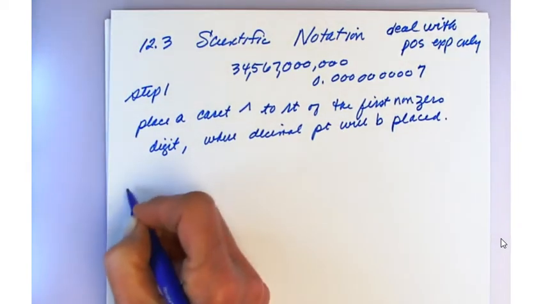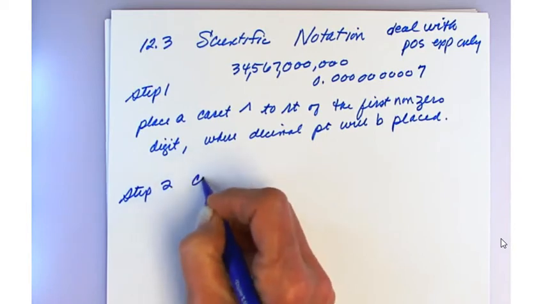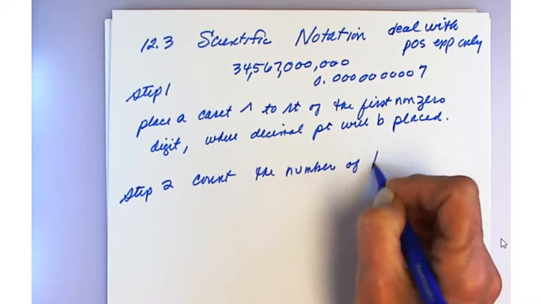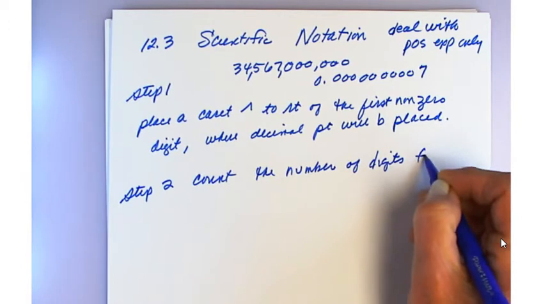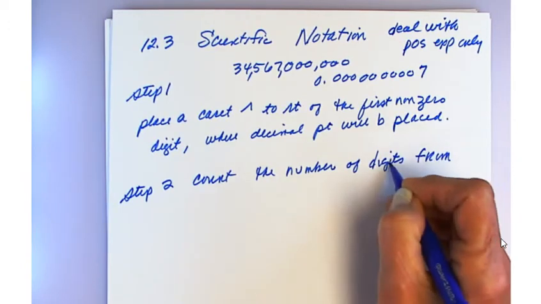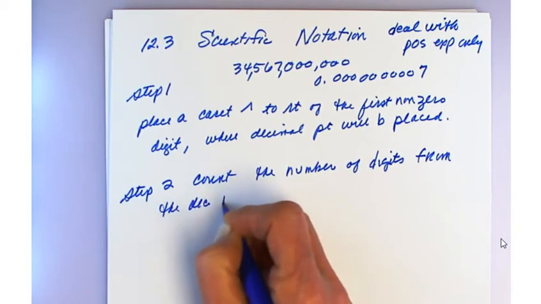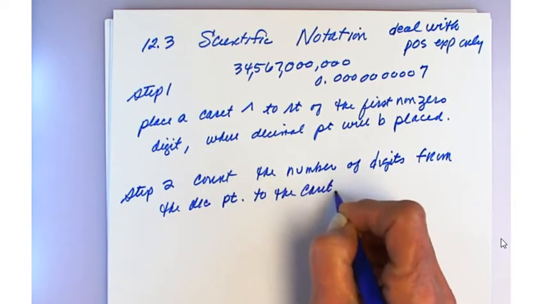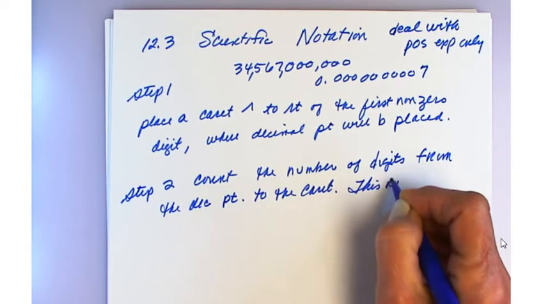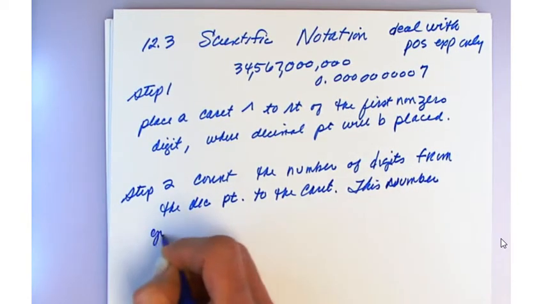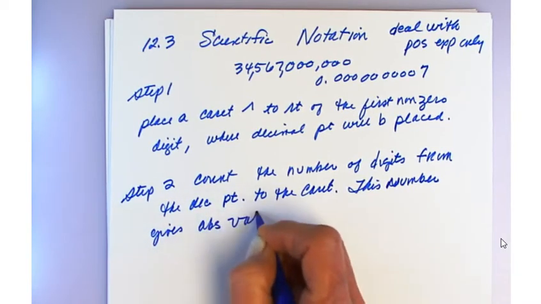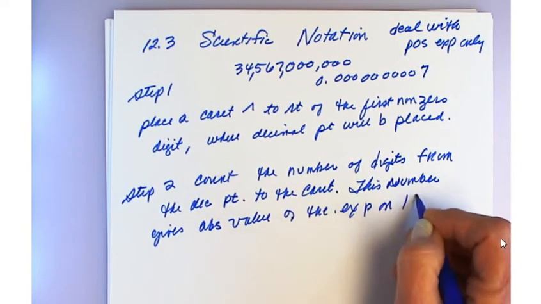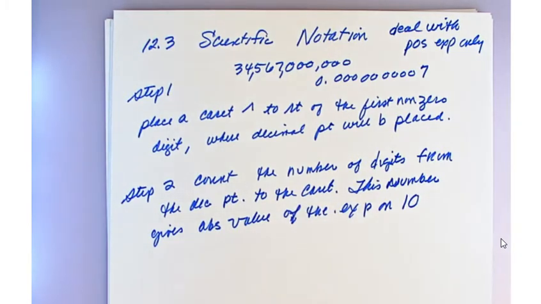And then step 2, we're going to count the number of digits from the decimal point to the caret. This number is the absolute value of the exponent on 10. So that's meaningless to you, giving you those steps.